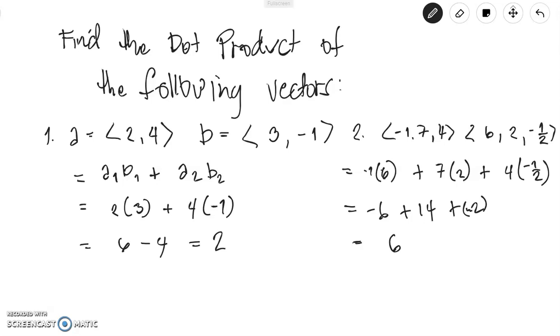Next example. We are given A equal to 3i plus 4j, and B equal to 5i minus 3j. Remember that i and j are the components of x and y.